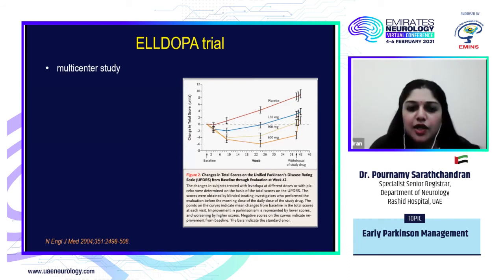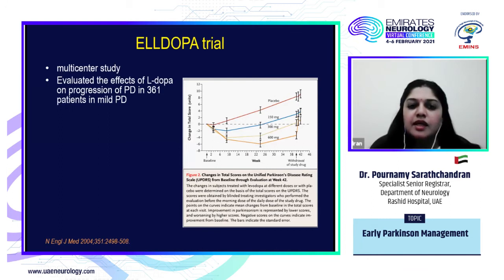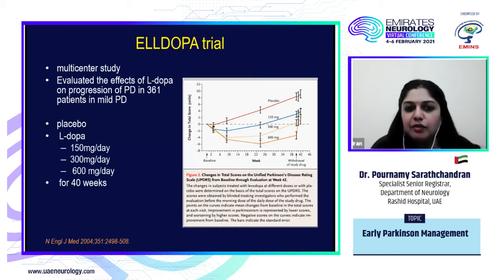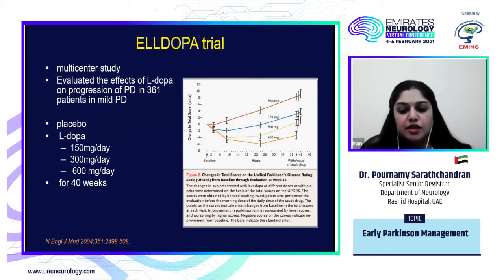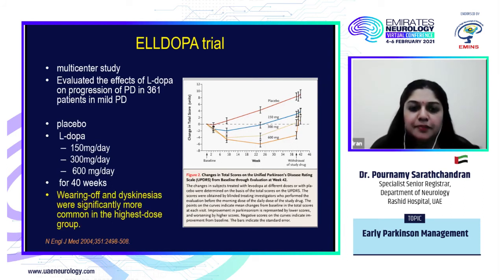So the L-DOPA trial, which is a multi-center trial, evaluated the effects of levodopa on the progression of Parkinson's disease. They selected 361 mild PD patients. They randomized them into a placebo group and 3 doses of levodopa, 150, 300, and 600, for a duration of 40 weeks.